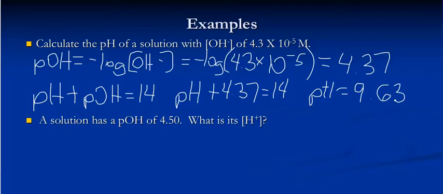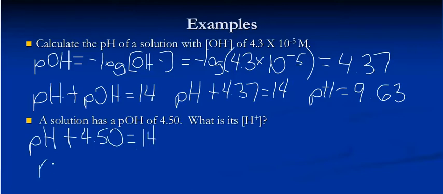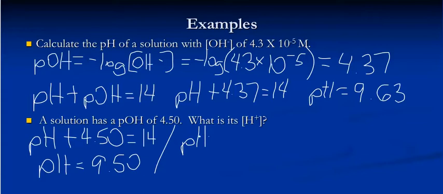Okay, last one. pOH is 4.5. What is H+? Couple different ways to do this. But pH plus 4.5 equals 14. This is one way. So pH is 9.5. Once I get the pH, I know that's the negative log of H+.